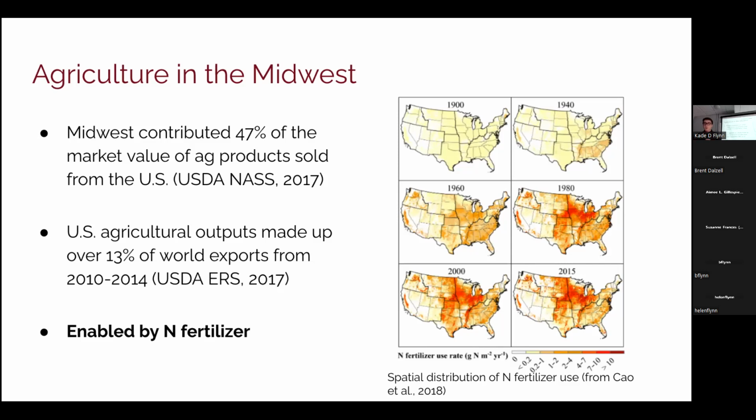And there are a few modifications that have really enabled that. One is the use of synthetic nitrogen fertilizers. You can see in this map from Cal et al. that through time, the use of fertilizers in the United States has increased, and much of this use is concentrated within the Midwest.